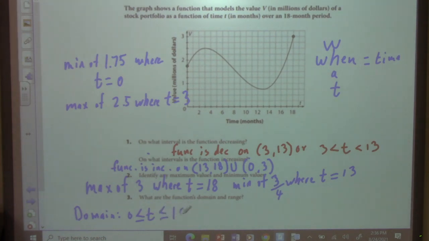But it's the same, and he got it right nonetheless. And what is our range for this thing? R equals 3/4 is greater than or equal to v, which is greater than or equal to 3.